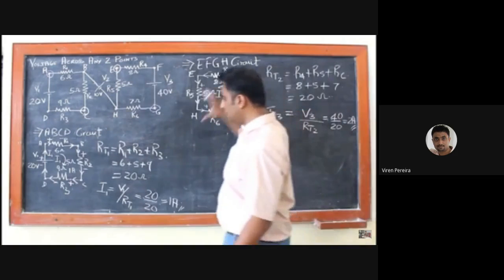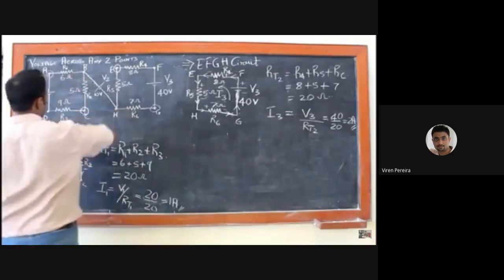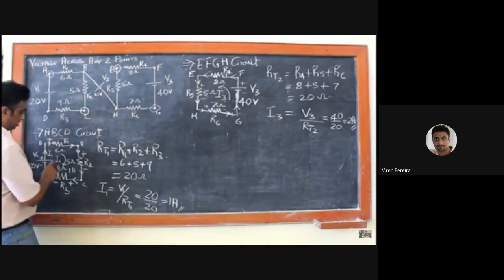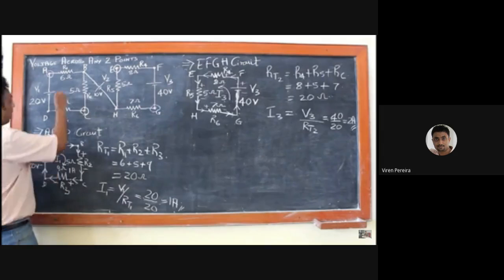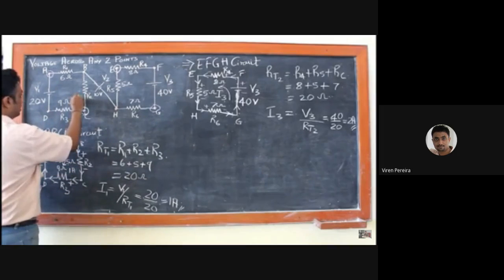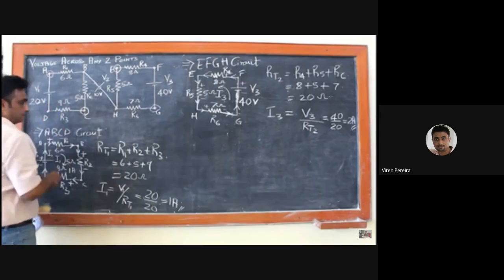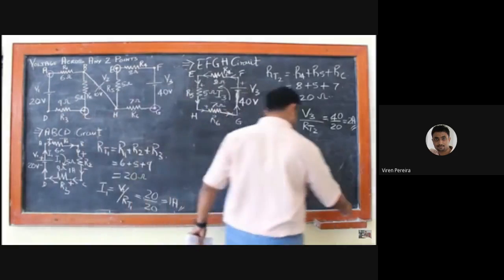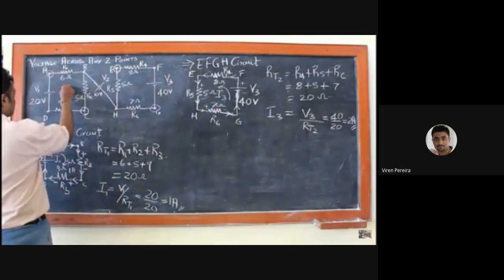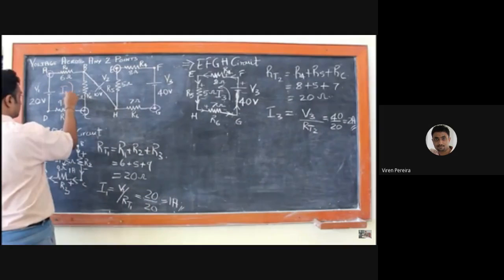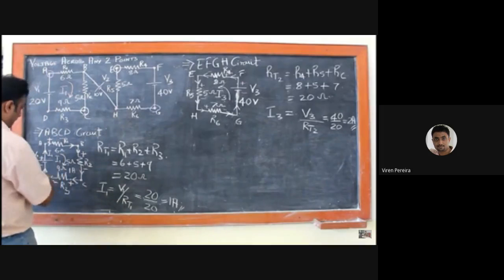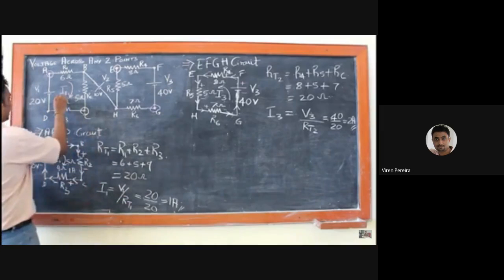Now putting all these values in our main circuit diagram. So for the ABCD circuit, I'll substitute the value of I1 here, wherein I1 equals 1 amp.